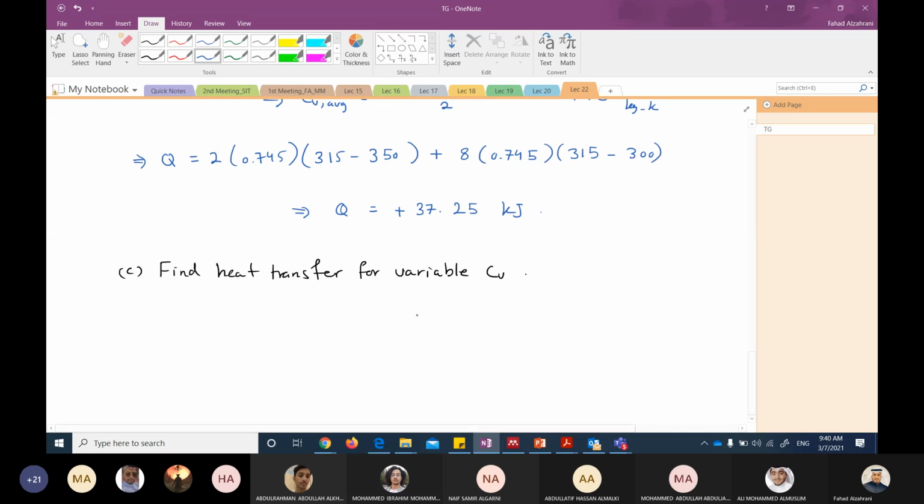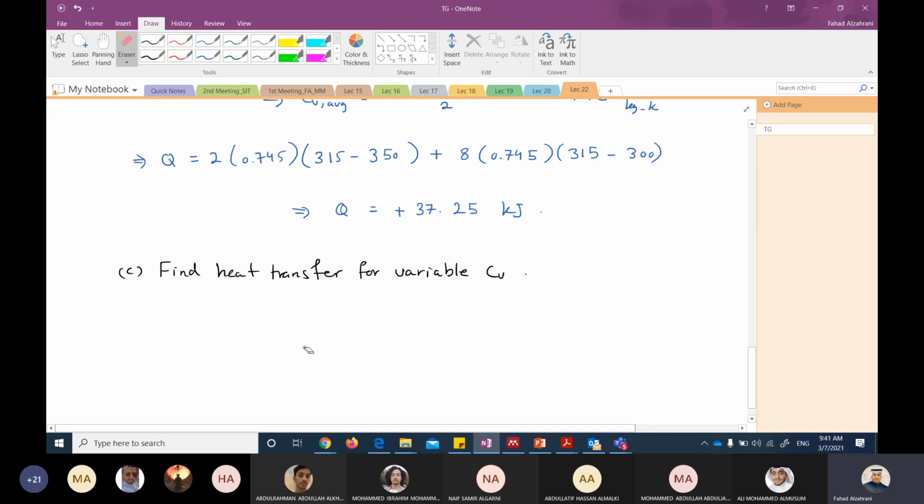Integrate what? CV dT. You mean delta U? Yes. Delta U is equal to the integration of CV dT. Okay, excellent. What does that mean? It means CV is a function of temperature. Right? So one idea is to have an equation for CV as a function of temperature and then integrate and find the answer.